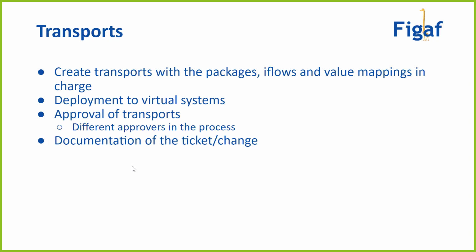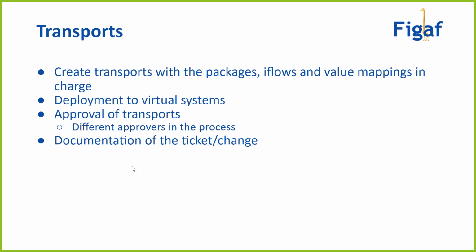We can deploy it to virtual systems. So if you only have a dev and a production box, you can use the dev system as a virtual test system, where it will add prefixes and postfixes depending on the object, and that way you can deploy the same iflow two times on the same system.